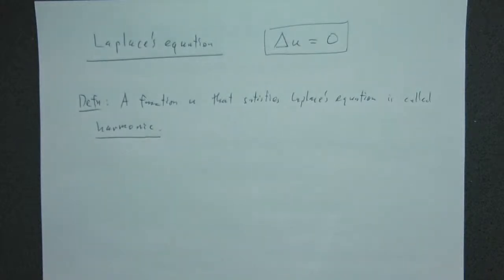So our solutions here even have a special name, right? These are called harmonic functions. So as I said, spoiler alert, harmonic functions are extremely special and very, very nice and very, very important for a variety of reasons. Okay, but first, let's talk about these as solutions to particular PDEs.